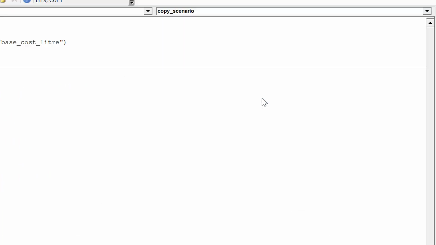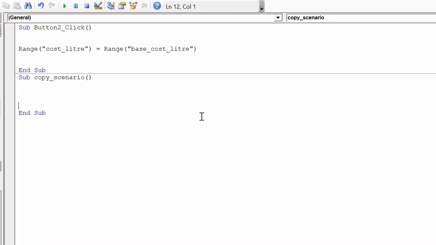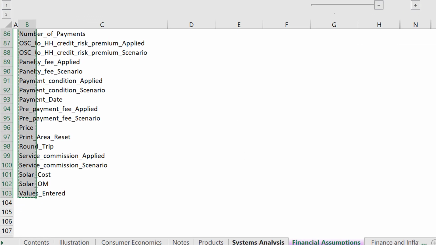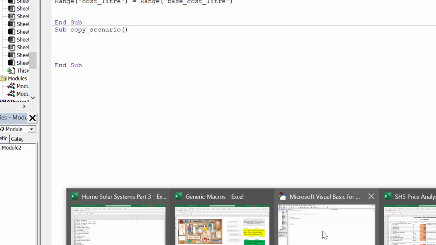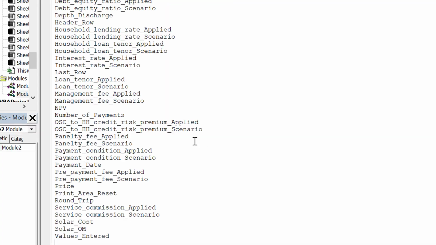We'll just press the create button. We already have almost the same thing here, but for some reason they didn't copy, so I'll have to do it again. Control C, and put those here.